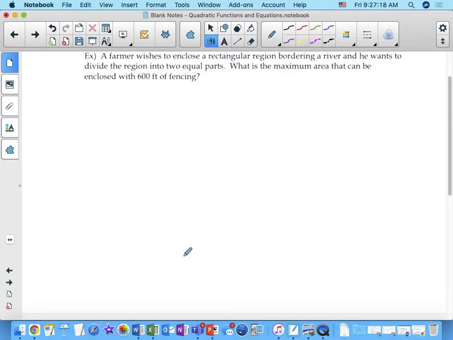What's that? He wants to enclose a rectangular region bordering a river, and he wants to divide the region into 2 equal parts. What do you think we should do? Just with that sentence.